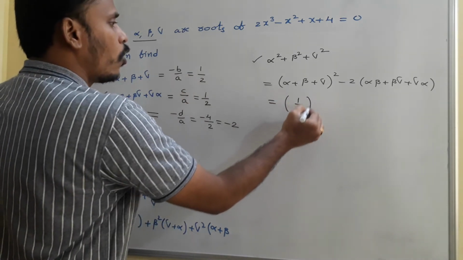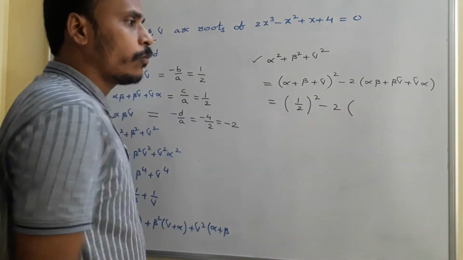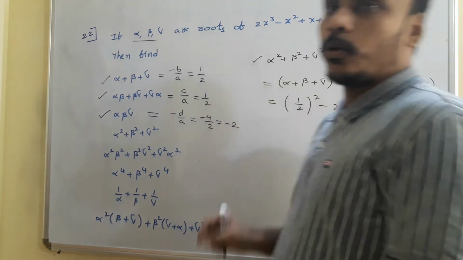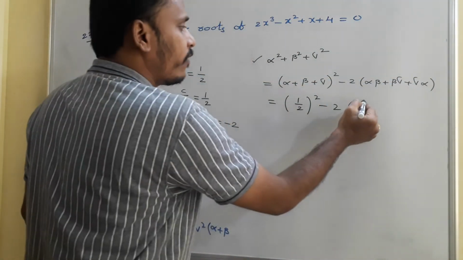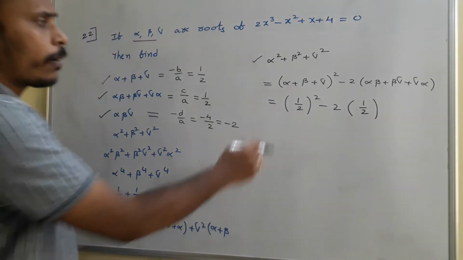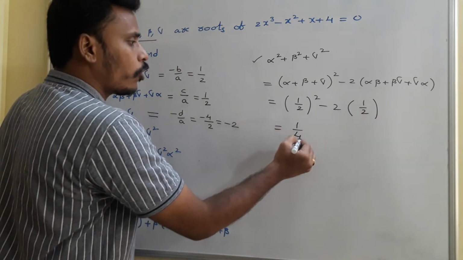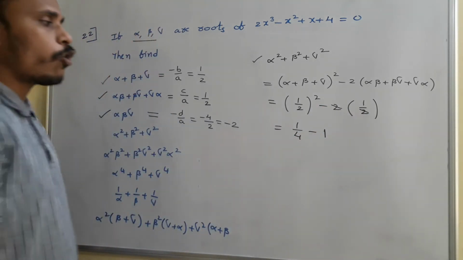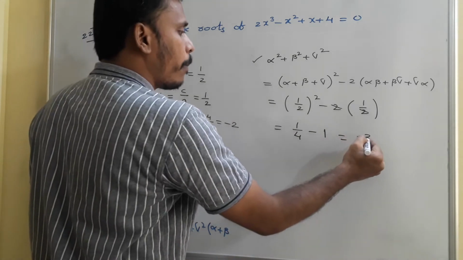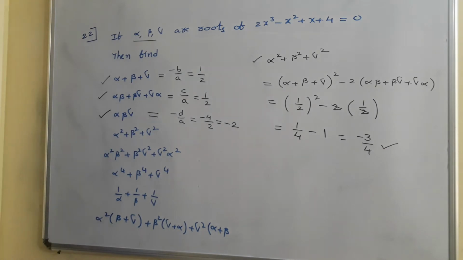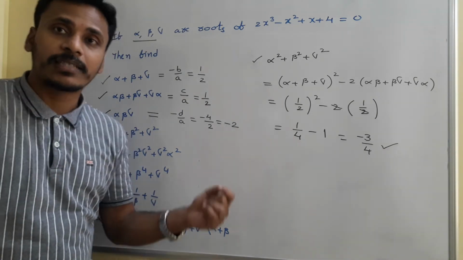So 1 by 2 whole square minus 2 into alpha beta plus beta gamma plus gamma alpha, and that value is again 1 by 2. So you just replace it again with 1 by 2. Let's simplify it. 1 by 2 square is 1 by 4, minus 2 into 1 by 2, the 2 gets cancelled, left with 1. 1 by 4 minus 1 is minus 3 by 4. So alpha square plus beta square plus gamma square is minus 3 by 4.